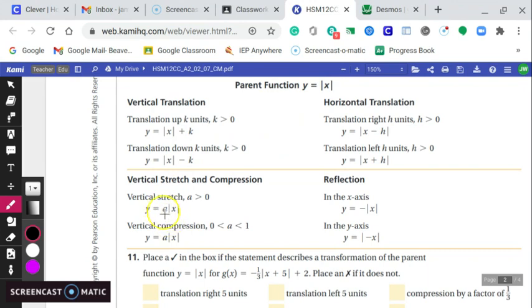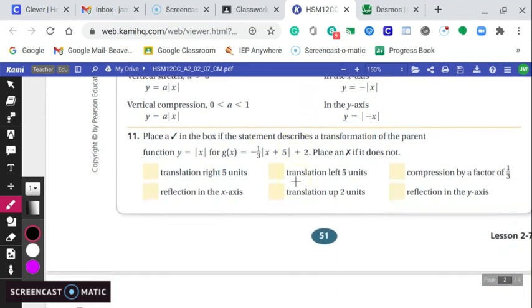So this little a in front of this will make the stretch bigger or smaller. The negative here is going to reflect it. And also down here, we're going to put an X here. We're going to put a check here. We're going to put a check, check, check, and an X.